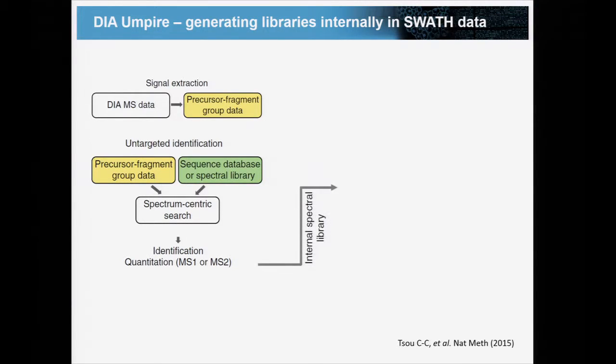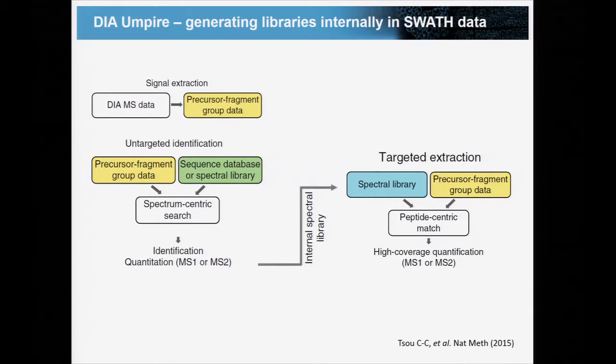But what they found is more effective is to say, okay, now we have a spectral library. Now we're back to the targeted approach. We have a spectral library, but we've generated it internally from the SWATH data, so we never had to do any DDA analysis. Essentially, we're back at everything I just described before, that you can do a targeted extraction. They do something similar to what OpenSWATH would do, and what they have now is very high coverage quantification.